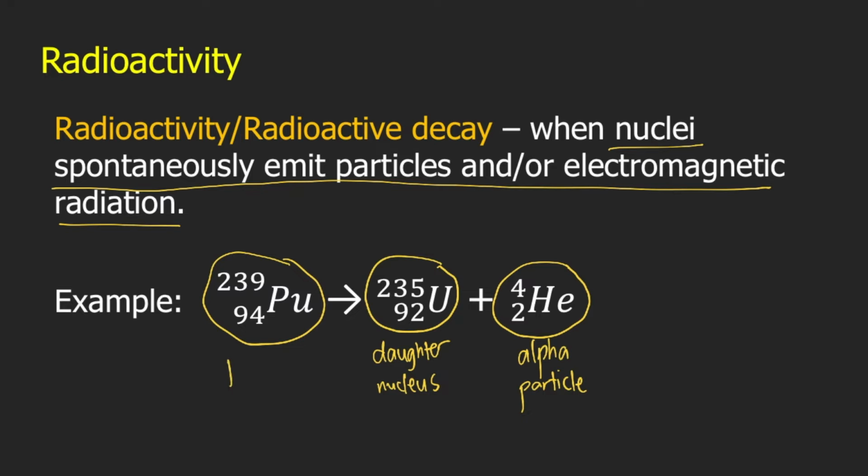Plutonium-239 is what you call the parent nucleus. So it is where the daughter nucleus comes from. Okay? So now we have discussed the definition of radioactivity. Let's proceed now to the different types of particles that you will encounter in radioactive decays.